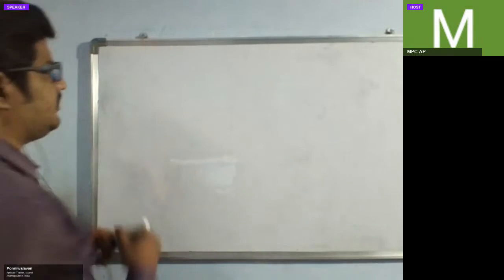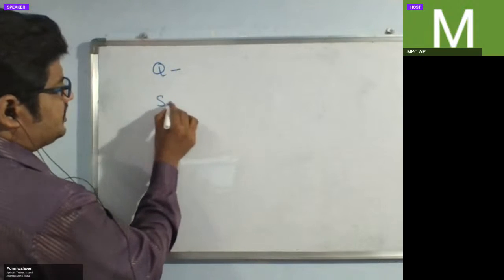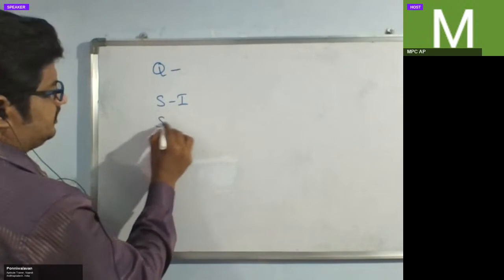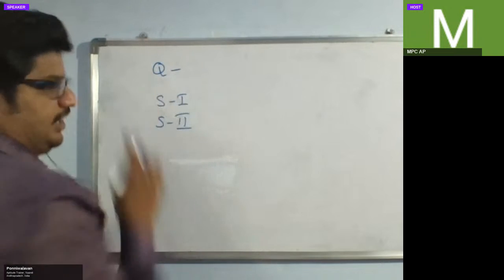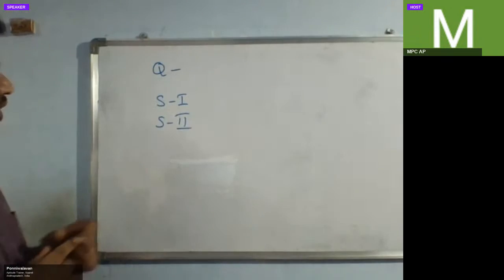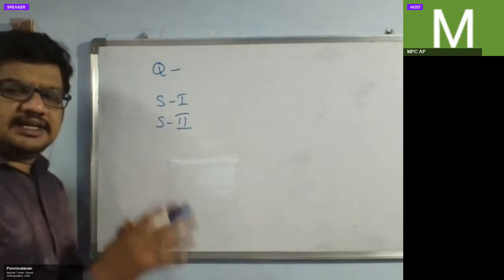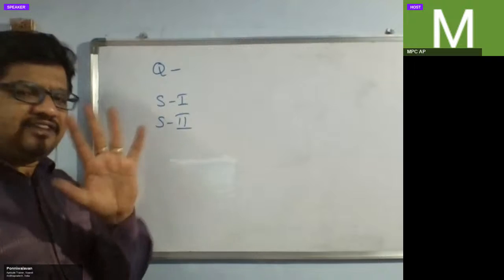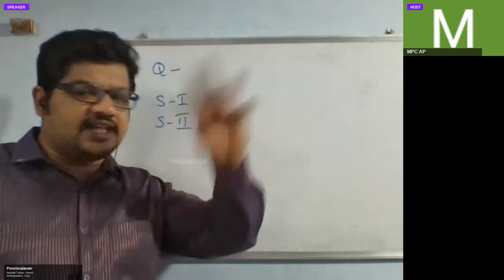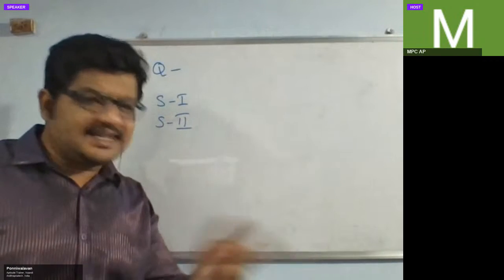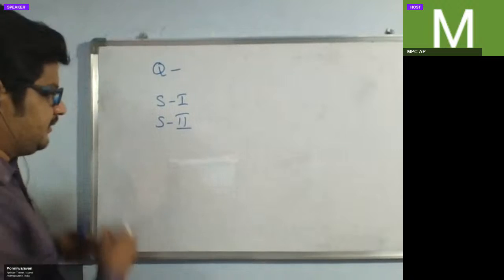Usually there will be one question and two statements, and regularly we will have 5 options. Sometimes in some exams they change the option order. But what are the options possible?